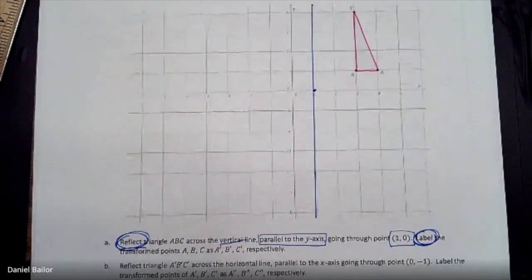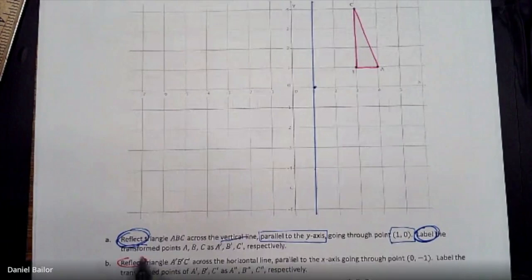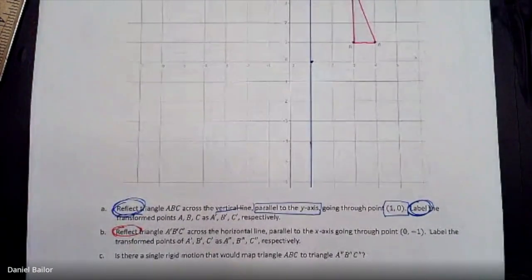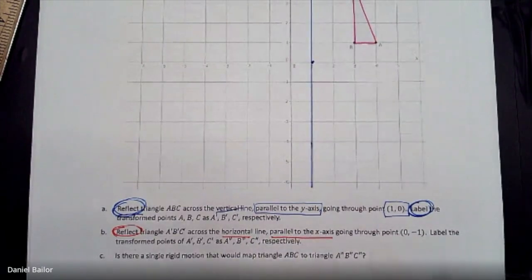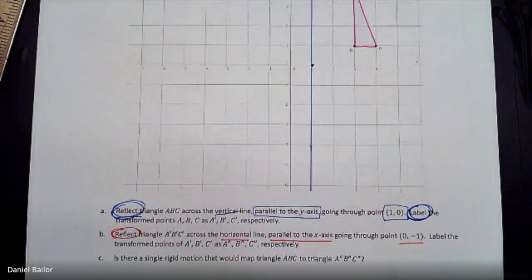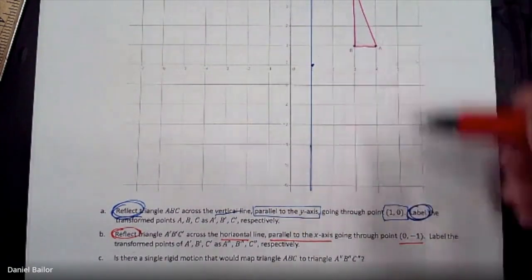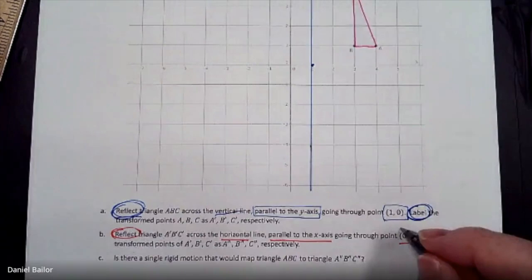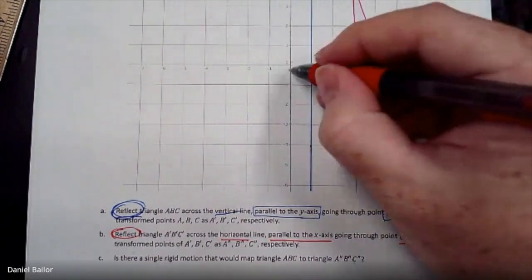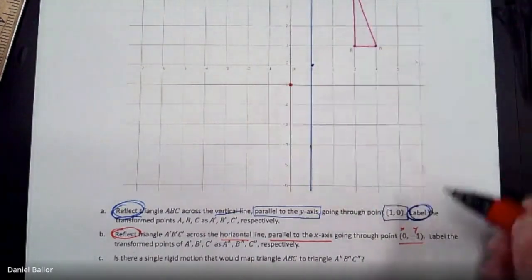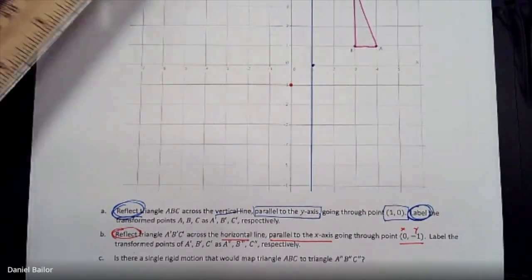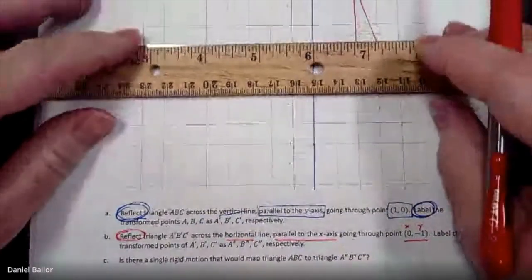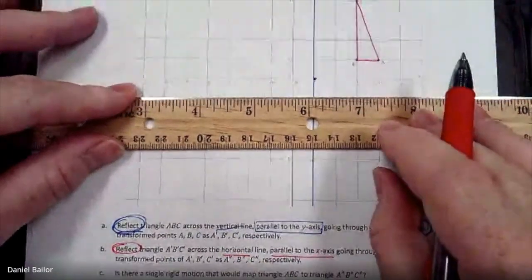For part B, it says reflect again across the horizontal line parallel to the x-axis going through point 0, -1. So let's find this point. 0, -1 means 0 on x, -1 on y. So this is the point right there that they're talking about. And the line has to be horizontal, which means it's flat like this, and it's parallel to x.